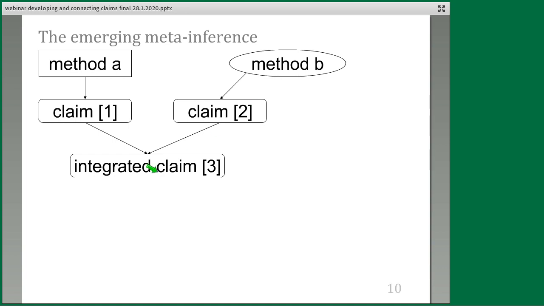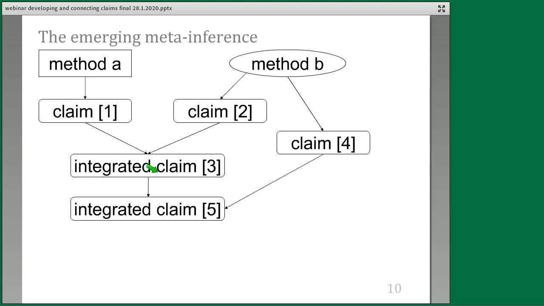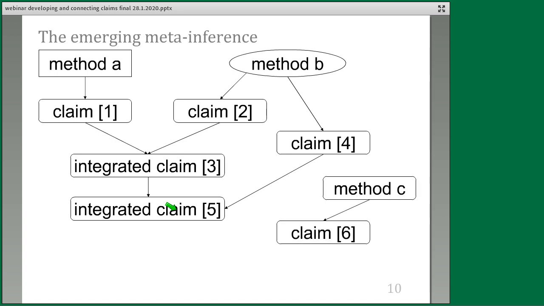But we can go further and say, okay, from method B we derive claim 4, and we can go further and then connect claim 4 to integrated claim 3, which leads us to integrated claim 5.